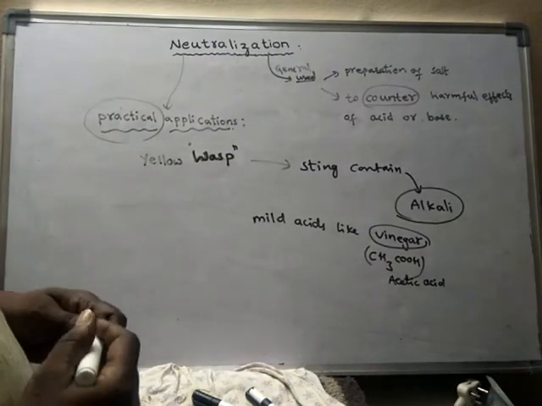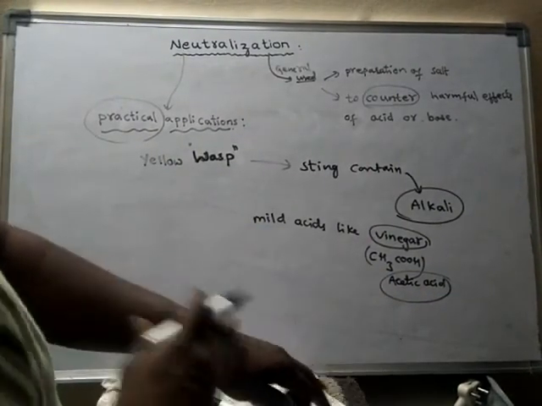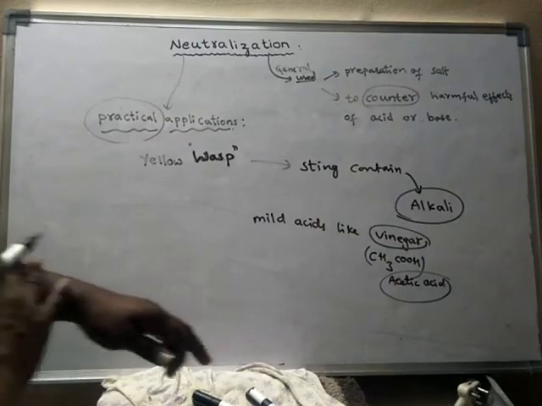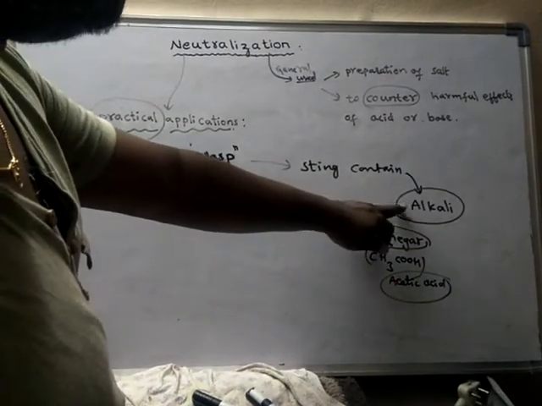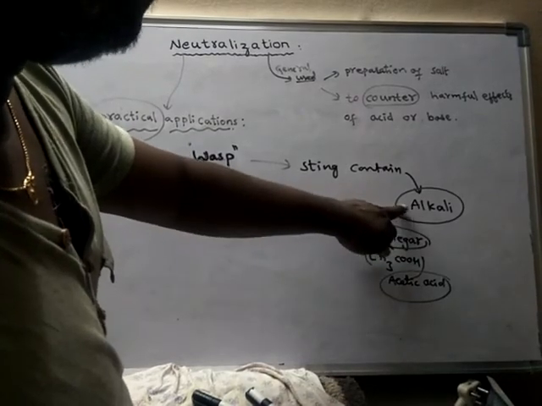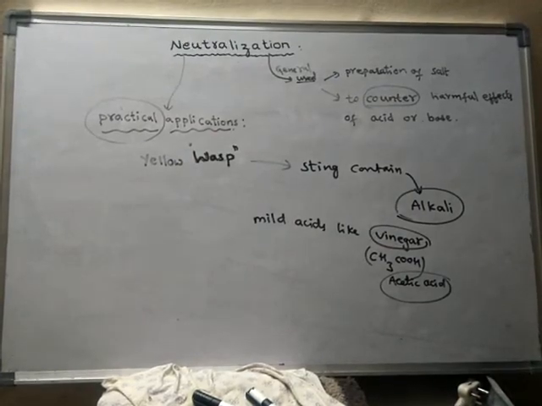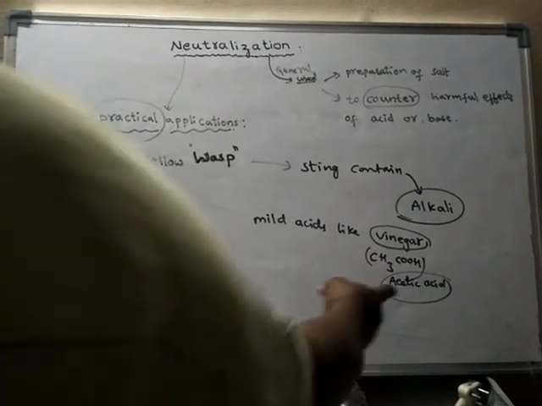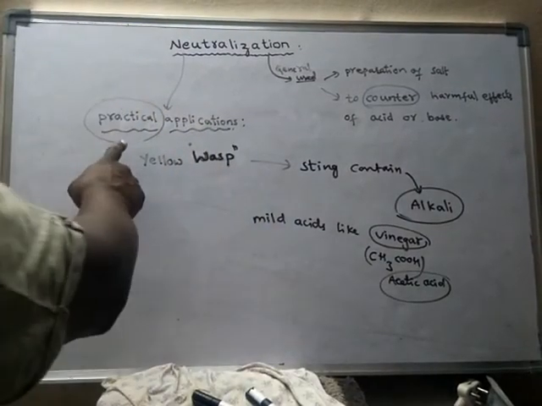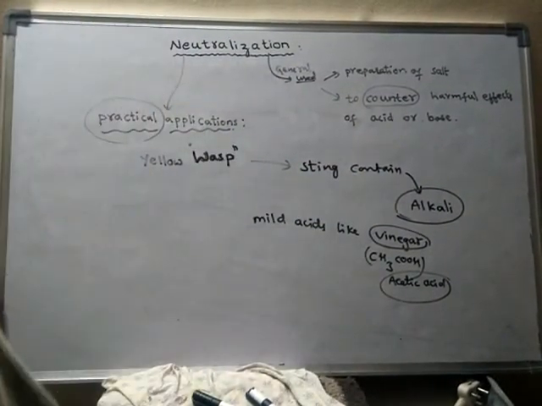So here what is happening? The acetic acid which we have applied on the affected area will neutralize the alkali, therefore it relieves the pain. So this is another practical application of the neutralization reaction.